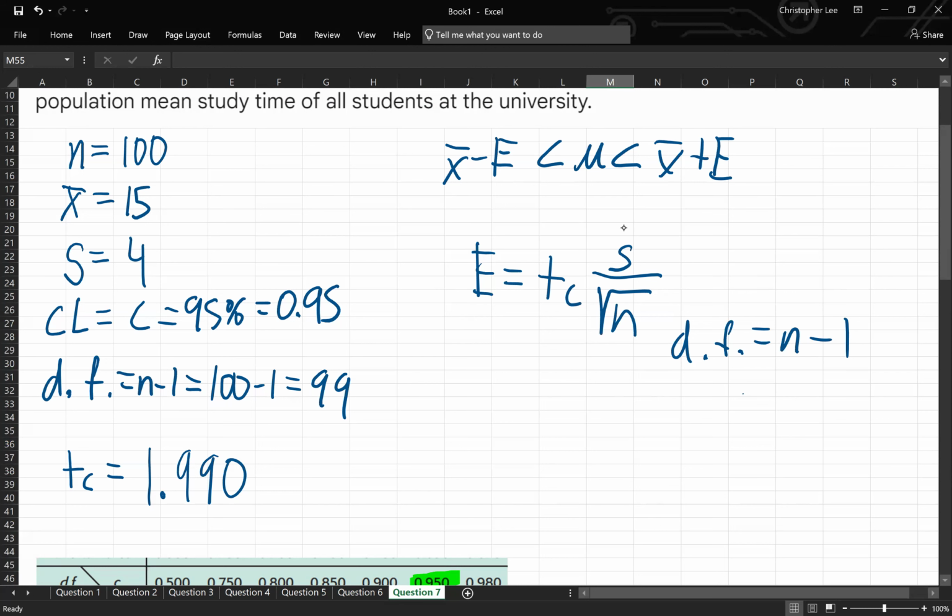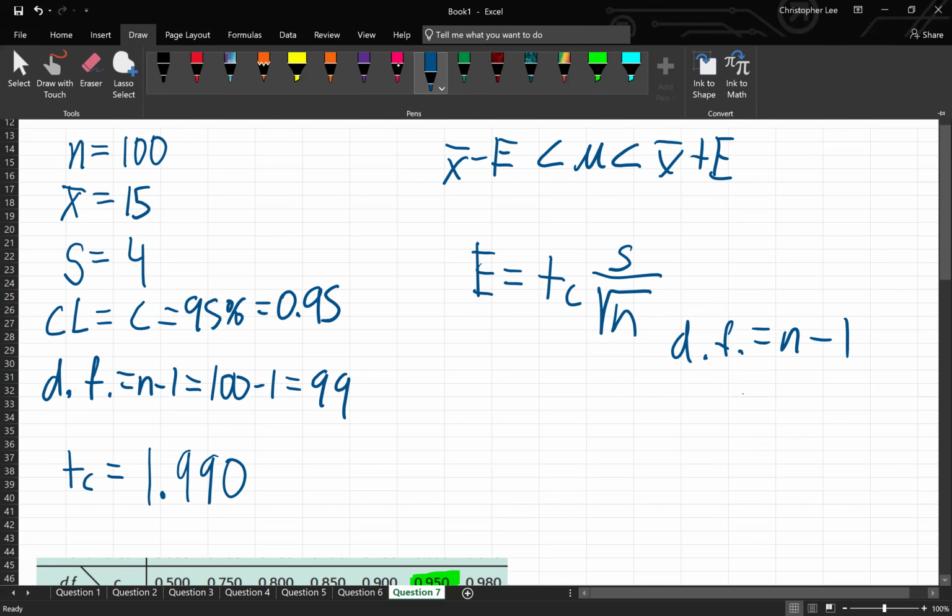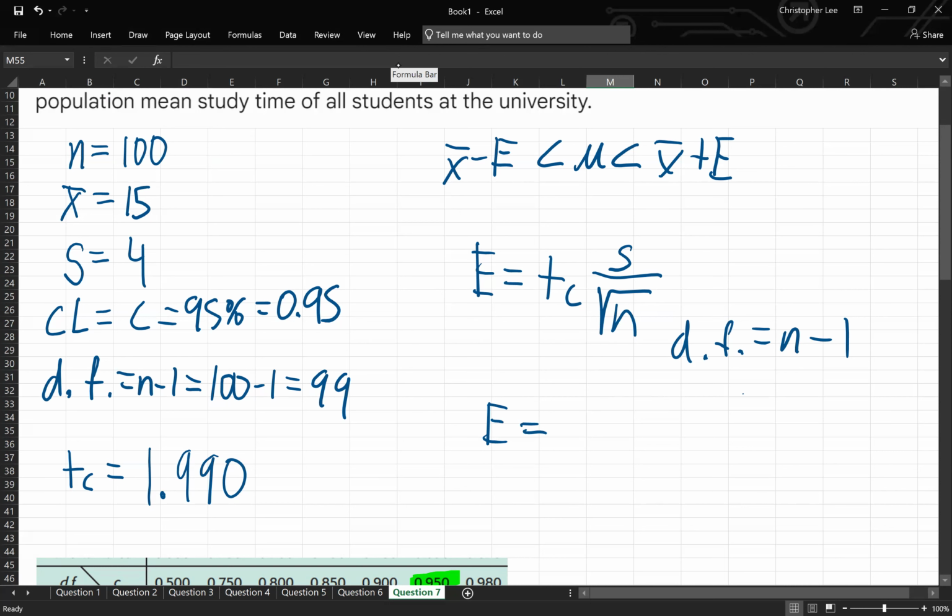After you figure out what the T critical is, just plug it all in. This is simple math right here. So we have our margin of error is going to be equal to 1.990 times the sample standard deviation, which is 4, over, put a little x right here, over the square root of n, which is 100.